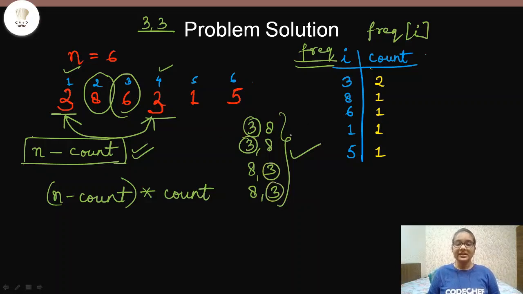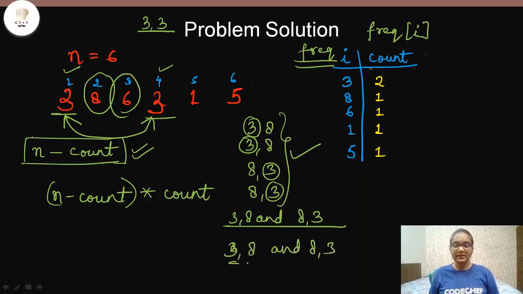So let me rephrase that again. 3, 8 and 8, 3: here we have used the 3 which is at position 1. Then again 3, 8 and 8, 3: this 3 we have used is the one present at position 4.